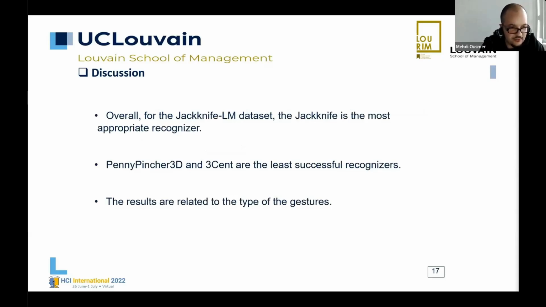For the Jackknife LM dataset, based on the results of the evaluation, we can say that the Jackknife recognizer is the most adequate recognizer. Moreover, Penny Pincher 3D and 3SAN should be avoided. Given the execution time results, we can say that all recognizers are efficient.